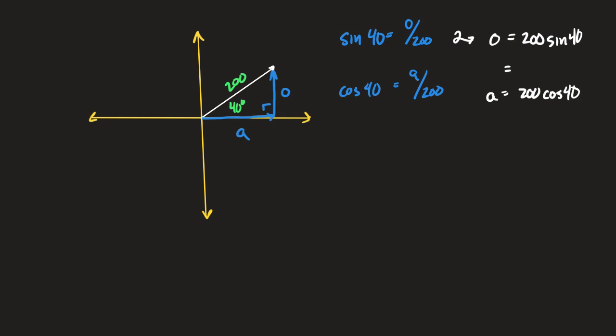Ashley, what's 200 sine 40? I know you have it. 100 what? Thank you. And can you tell me the 200 cosine 40? Thank you. So those are the lengths of the two components.